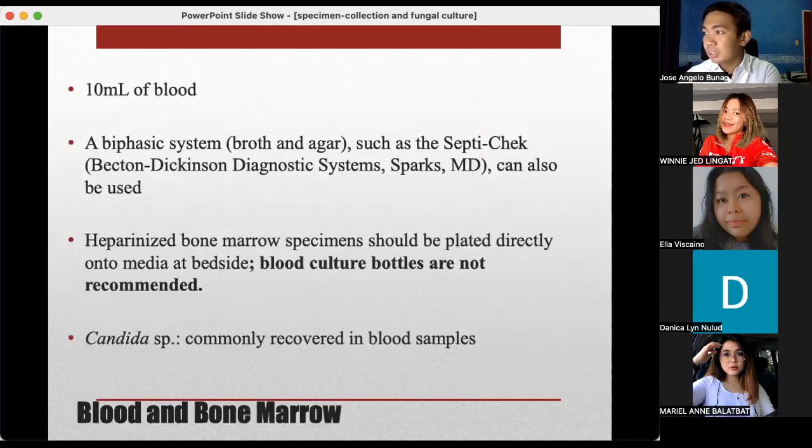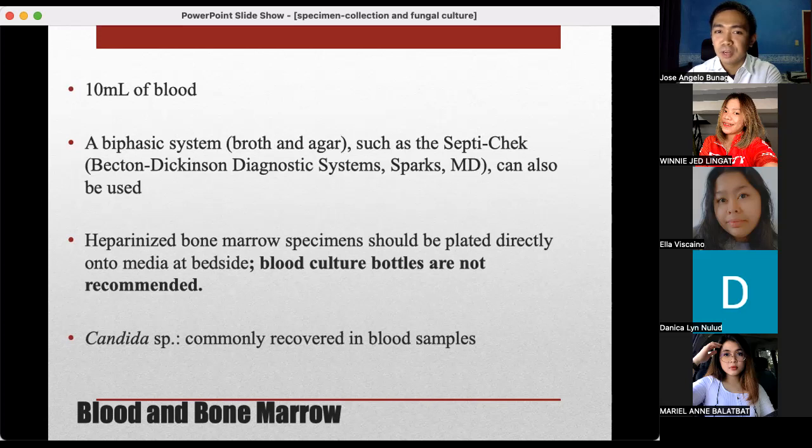Okay, sa blood, we have mentioned this already. So blood culture tubes, you could use that. But again, this is not ideal for isolation of fungal sample.